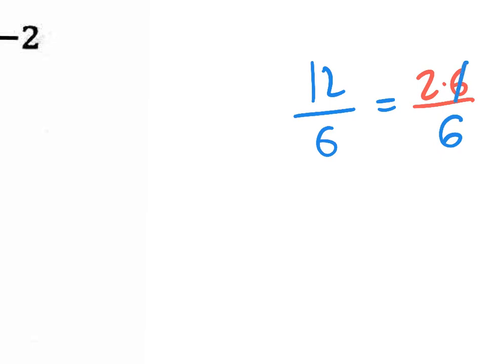So right here, the 6's do cancel, but you have a 2 left over up on top, and there's nothing left on the bottom. Do you have to write the 1 on the bottom? No, because 2 divided by 1 is still 2. So you don't need this divided by 1. When it's a 1 left over on the bottom, you don't need to write that. But if a 1's left over on the top, you need to write that 1 up on top.